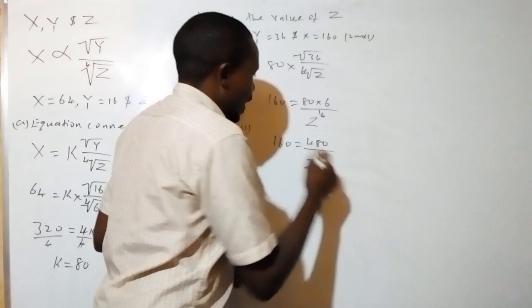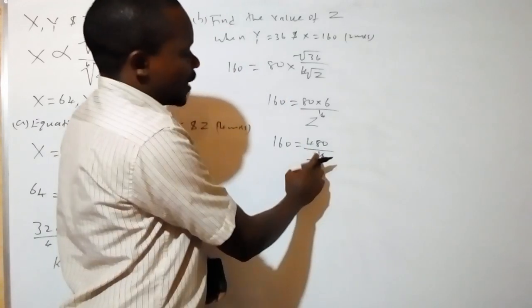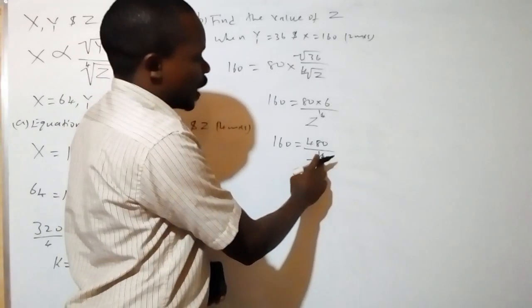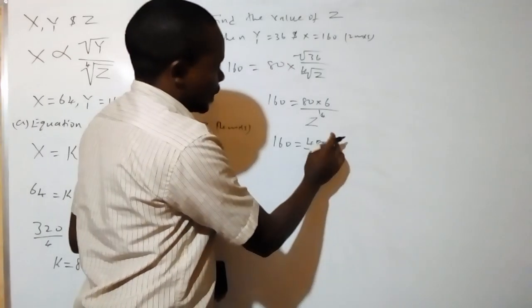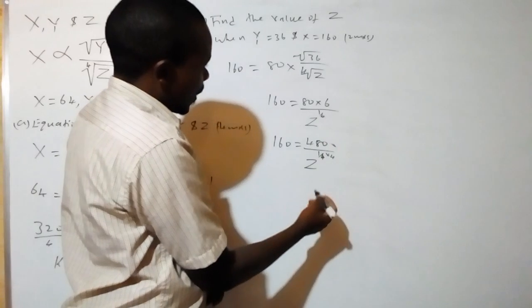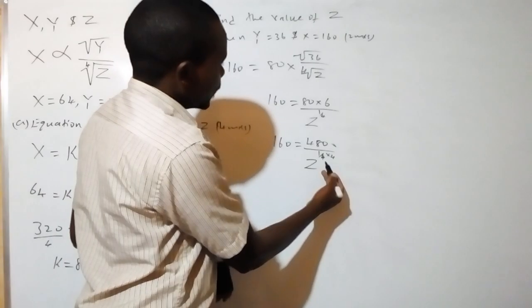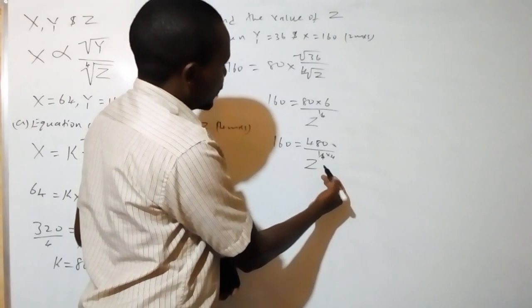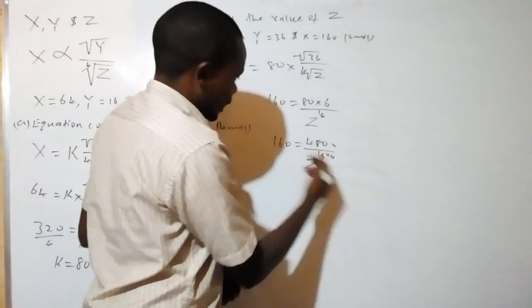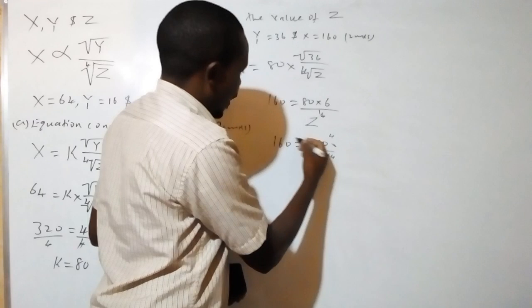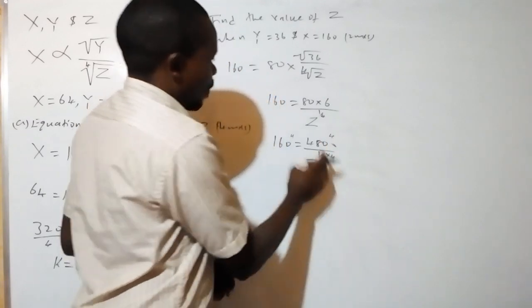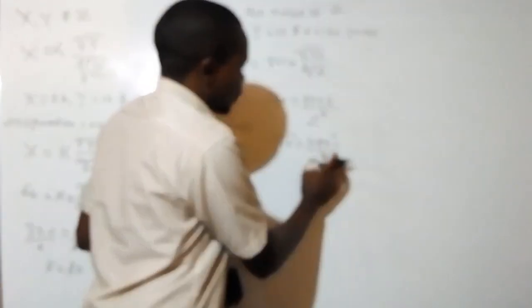To eliminate this power a quarter, you can multiply both sides by the power 4. Or we can first of all cross multiply. It's the same as first of all you can cross multiply.